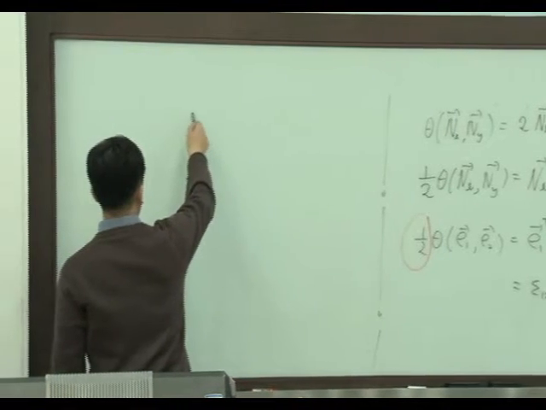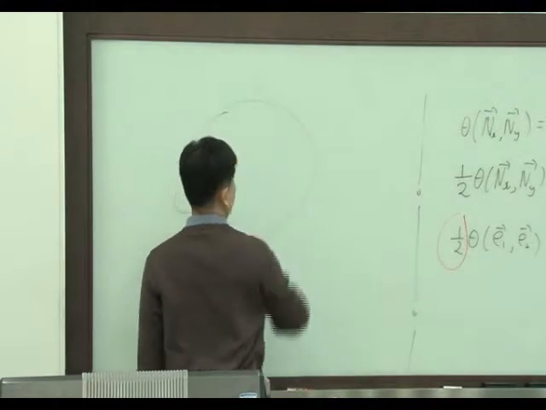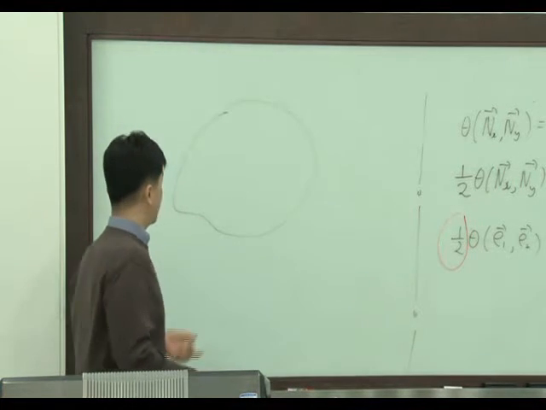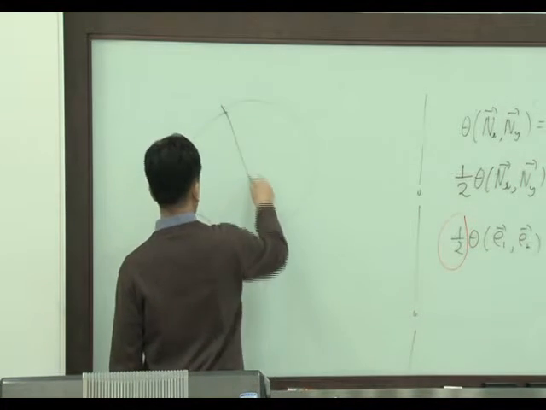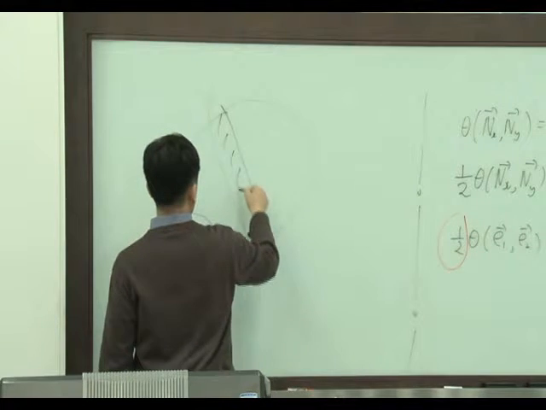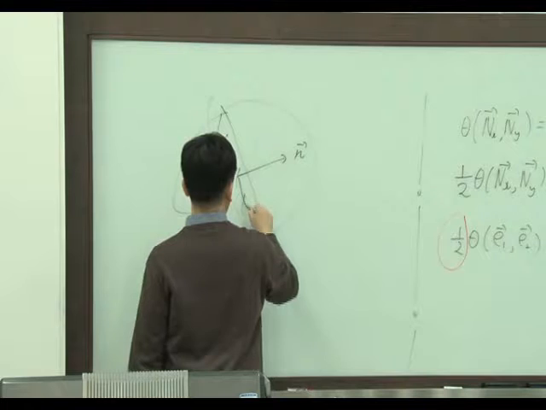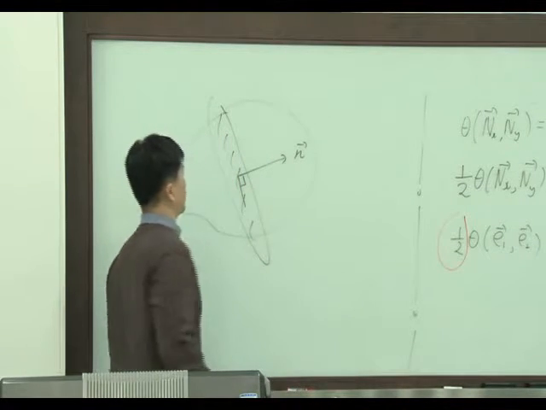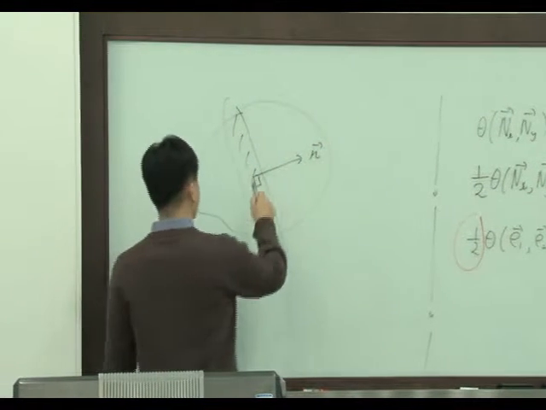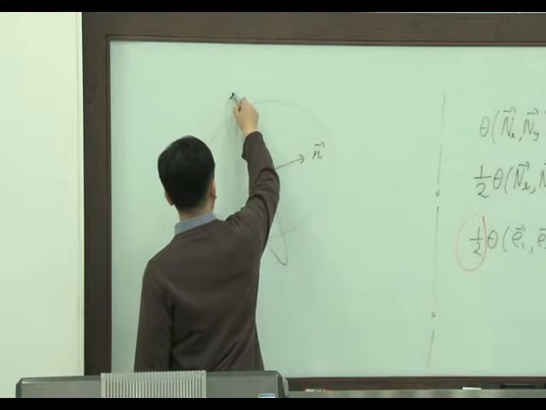Okay, so let's say we have a body here, and I cut this body with some normal vector n. I cut this body. And the tangential vector is t.